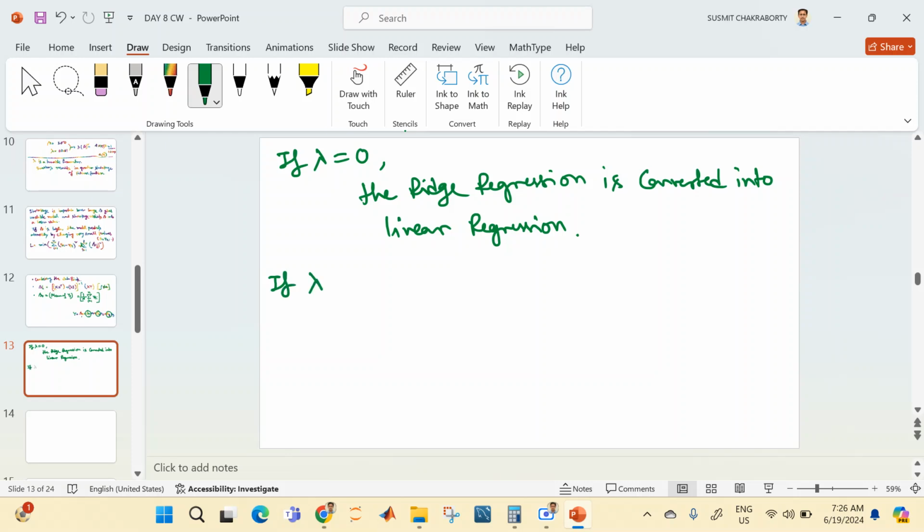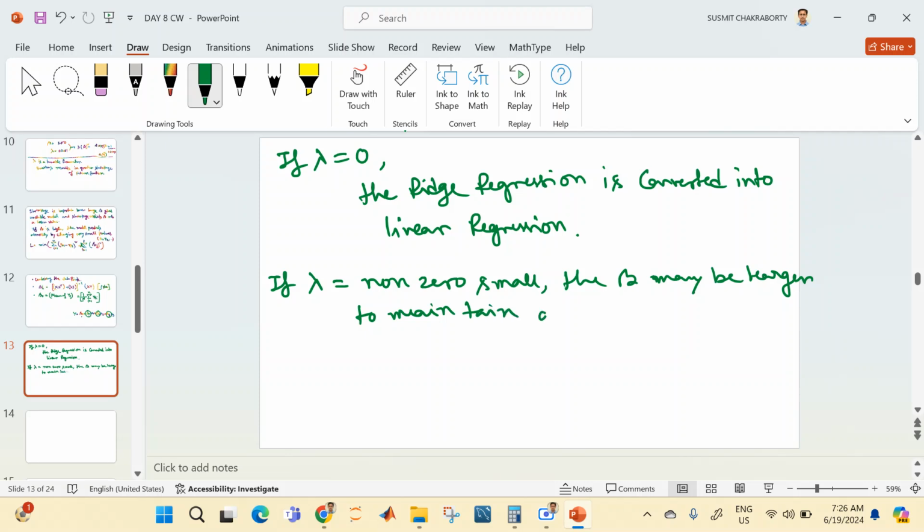Remember, if lambda is non-zero small, the beta may be larger to maintain a smaller product.